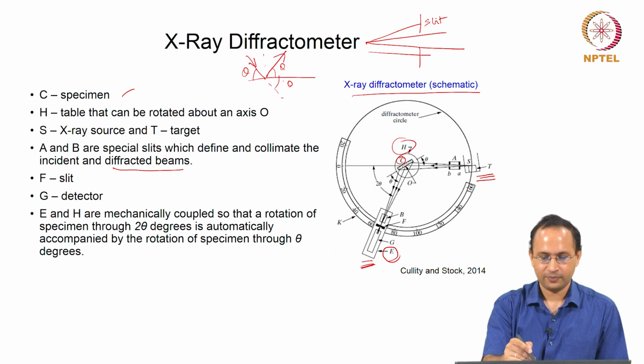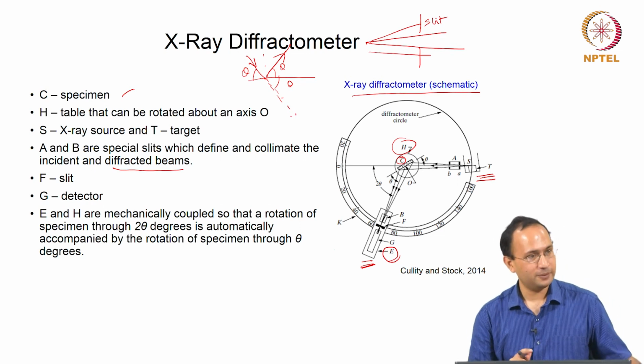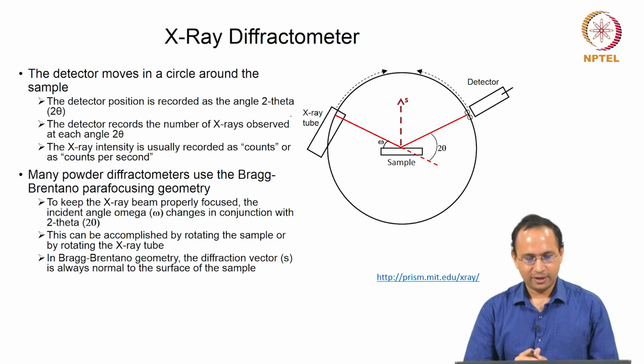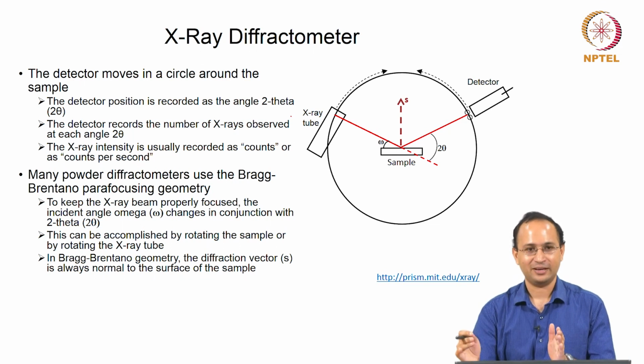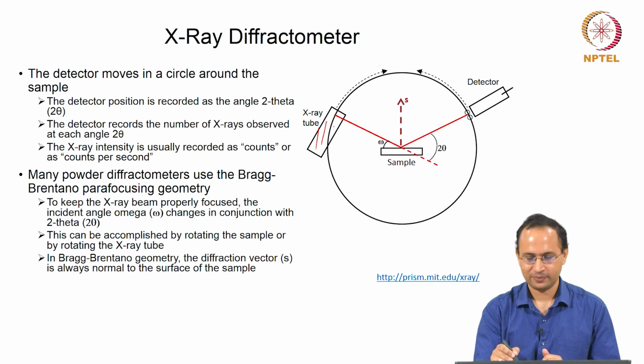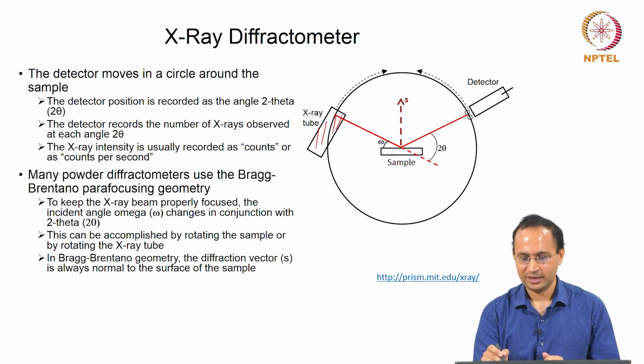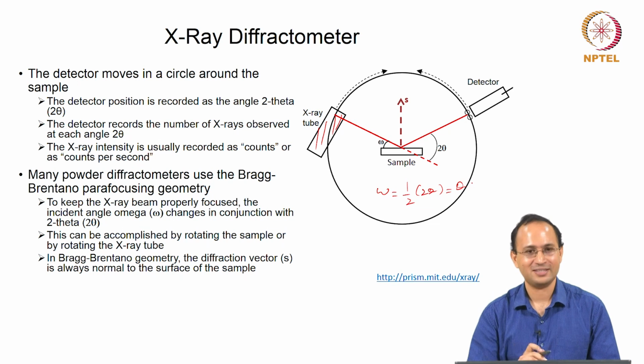This is the diffracted beam, this is the incident one. The detector moves in a circle around the sample. You have the X-ray tube here, a sample, and omega is equal to half of 2 theta; omega is just the incident angle.